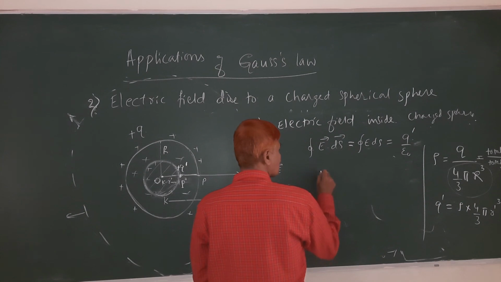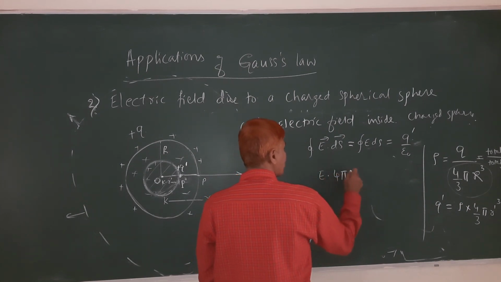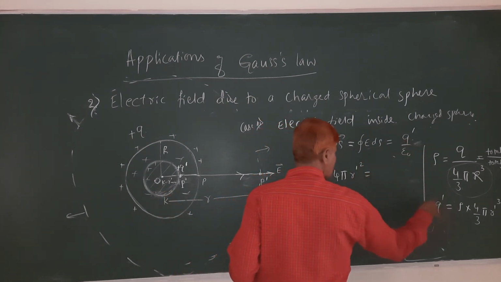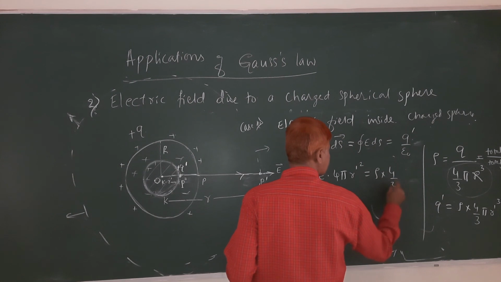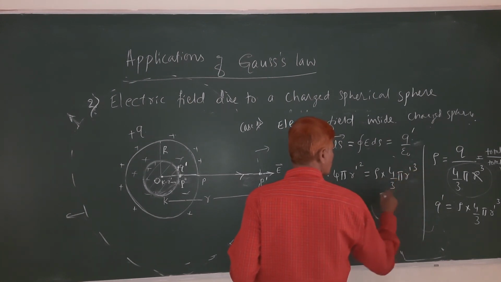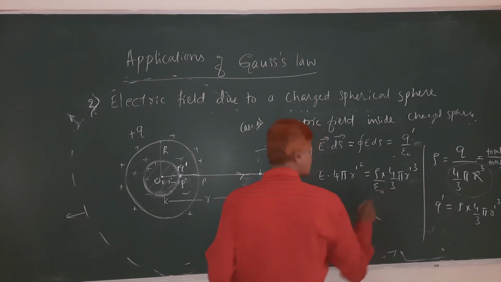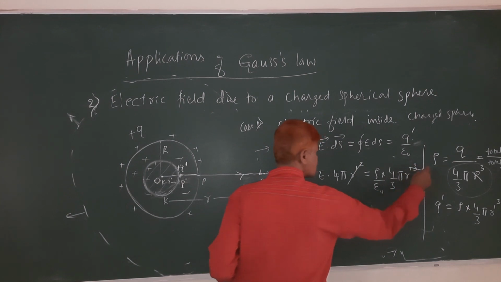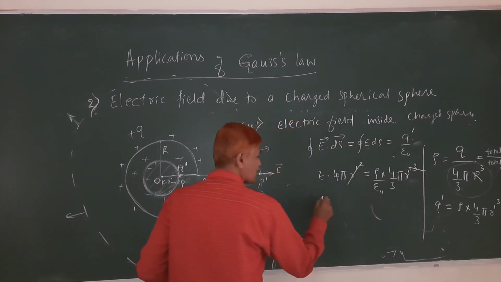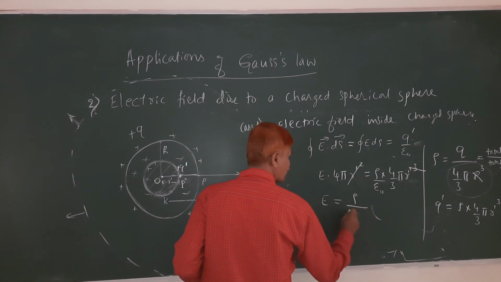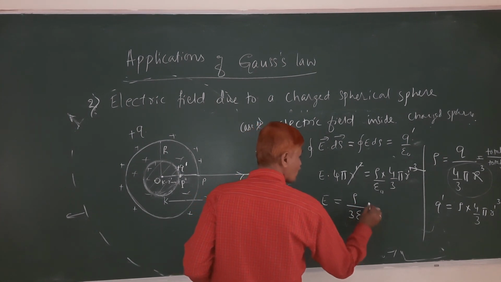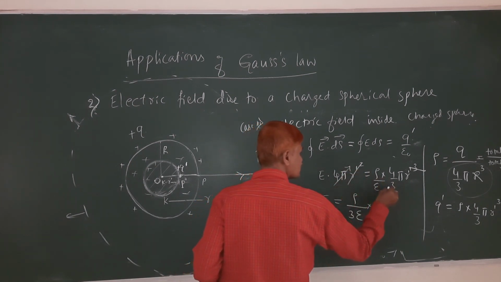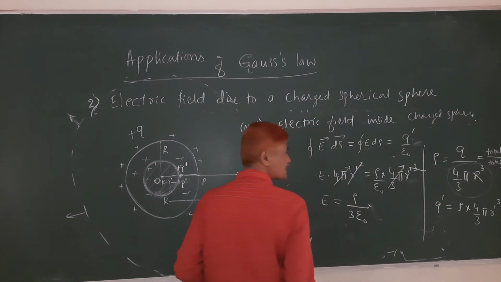So I have to substitute here. This is saying E into 4 pi r dash square is equal to Q dash, which is rho into 4 by 3 pi r dash cube, divided by epsilon naught. Okay, this r dash square cancels with this. Then E is equal to rho divided by 3 epsilon naught, since 4 pi cancels and 4 by 3 pi cancels.